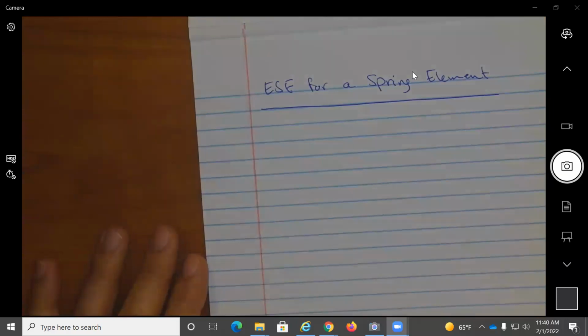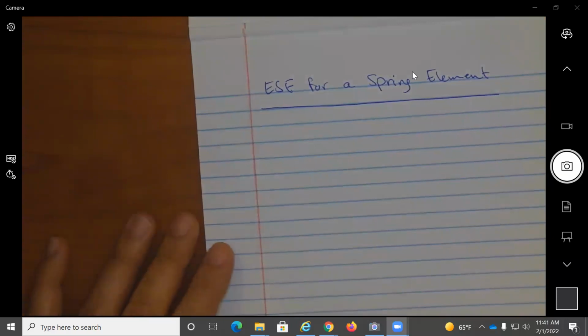In order to apply the approach, we need to identify the strain energy as well as the potential energy of external forces for a spring.